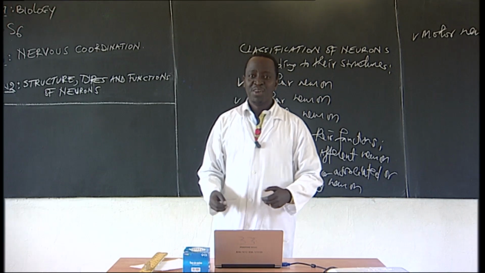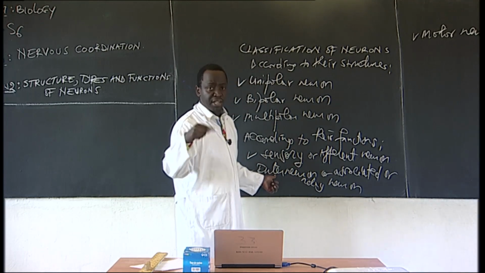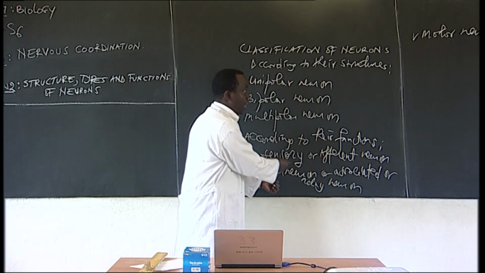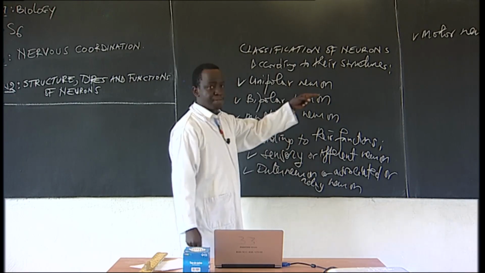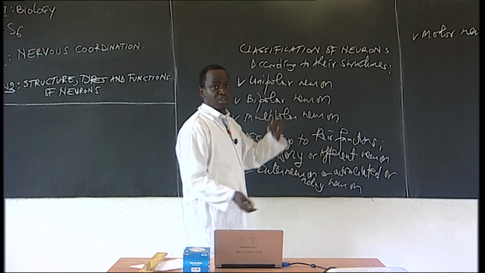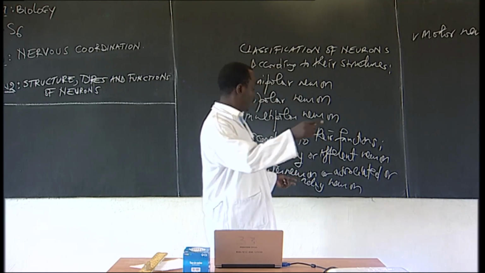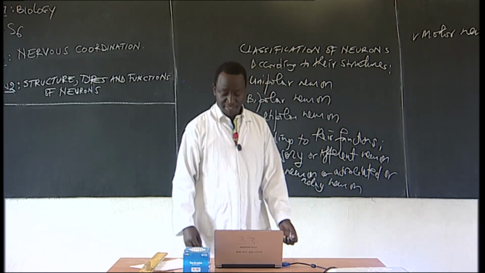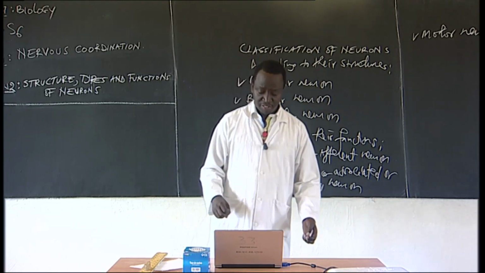What can you do? So just to protect you. And then we have this interneuron which connects what? The sensory and motor neuron. Motor neuron is also called efferent. So then motor neuron will bring the response from the central nervous system to the what? To the effectors.